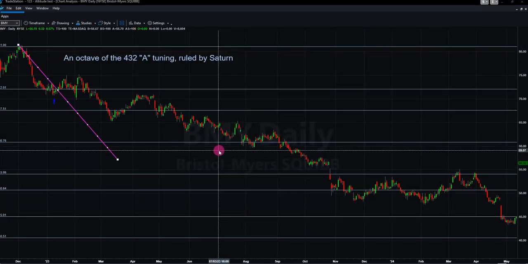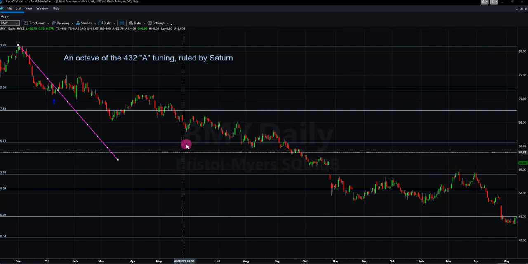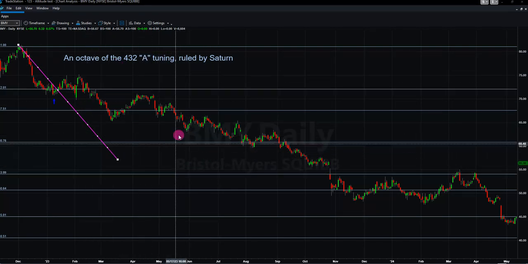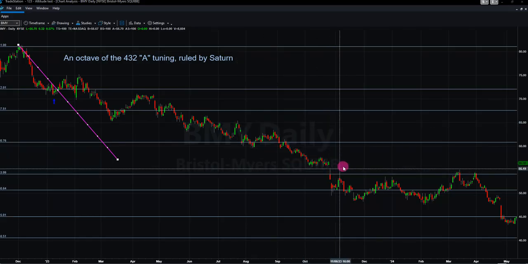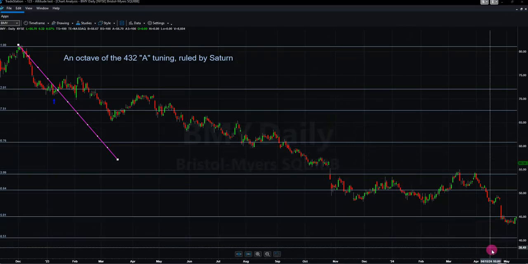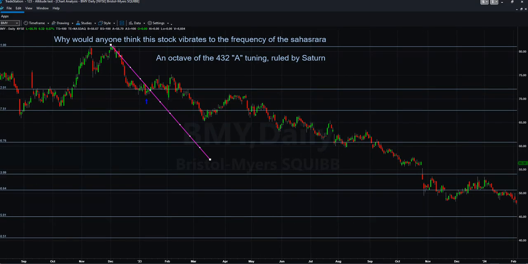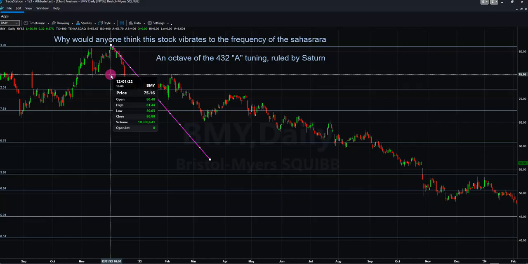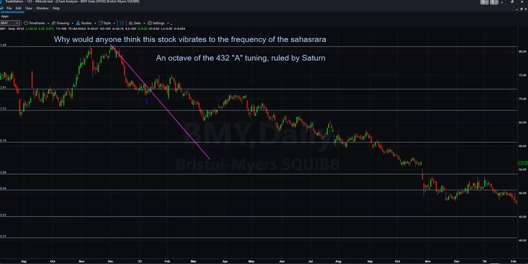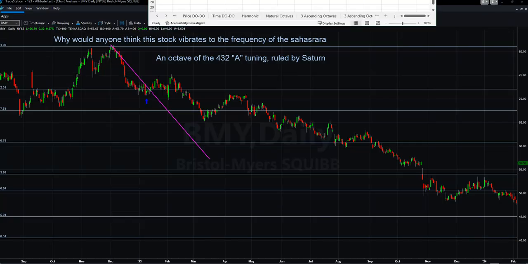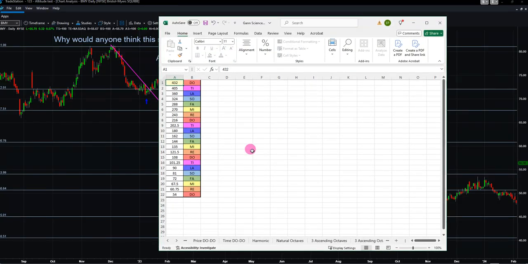So what we want to do then is figure out where we are in this scope of this, and that important high came in right here around 81 and change. I think it was 81.44. So 81.44. So if you look at the chart here, at 81 comes in on the SO note.